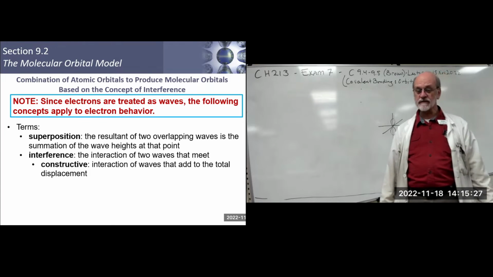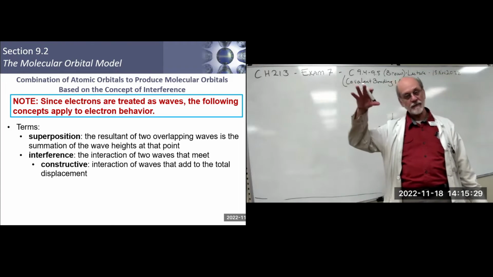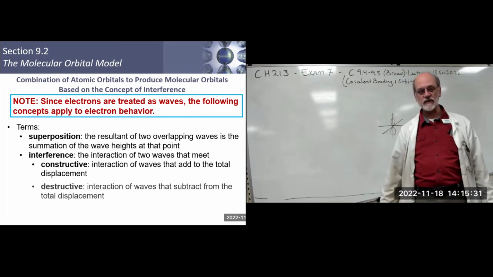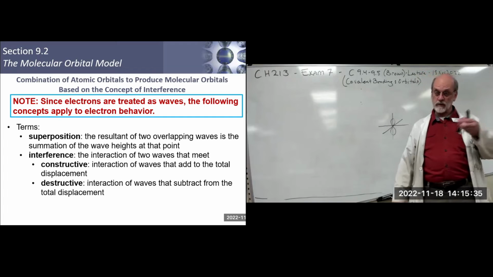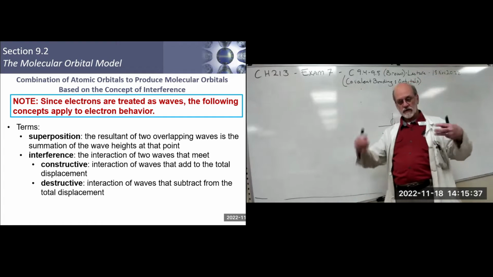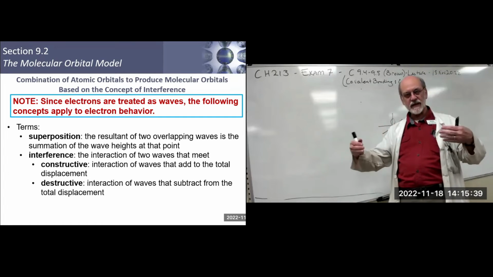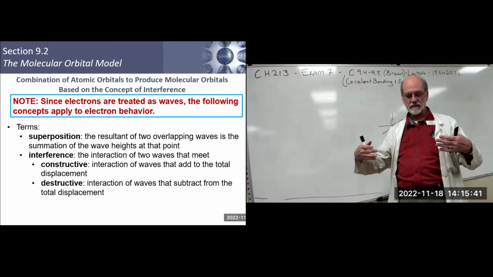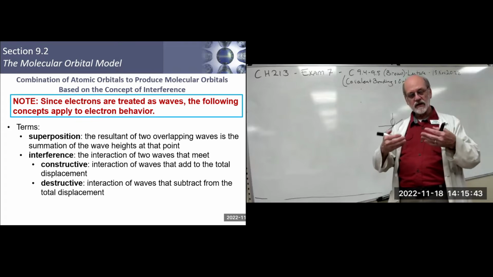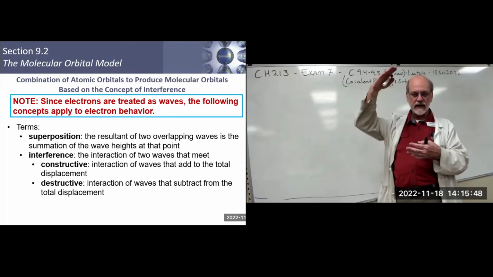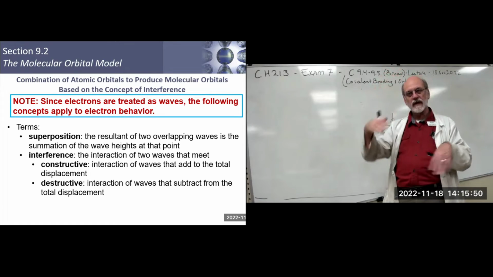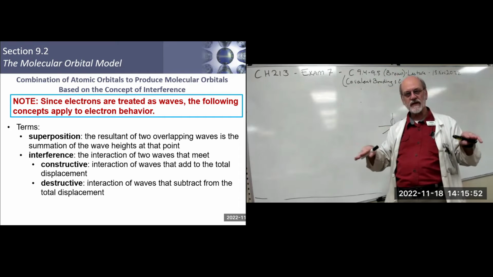It can be constructive, which increases the amplitude of the wave, or it can be destructive, which decreases. Now, what we were shown in this video were 2 waves of exactly the same wavelength and amplitude. So when they interacted, you got a fairly easily described increase in height at one point and complete cancellation at the other.